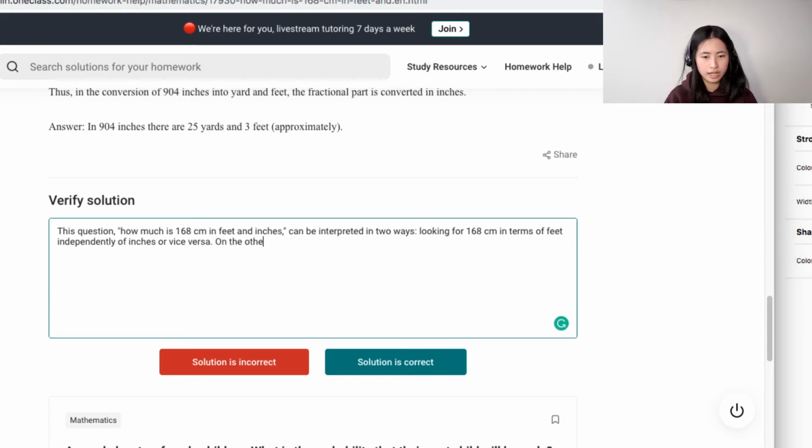And then on the other hand, we can actually say that you can assess this question based on combining the two units of feet and inches as an entity, right? I.e., looking for a person's height in terms of feet and inches.